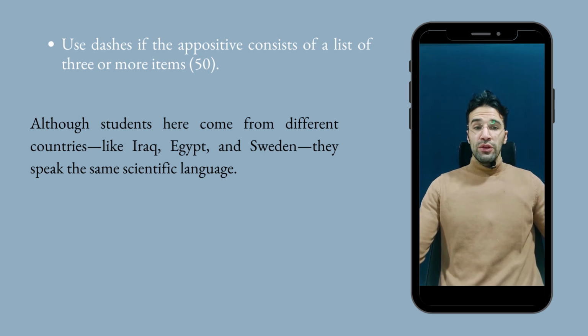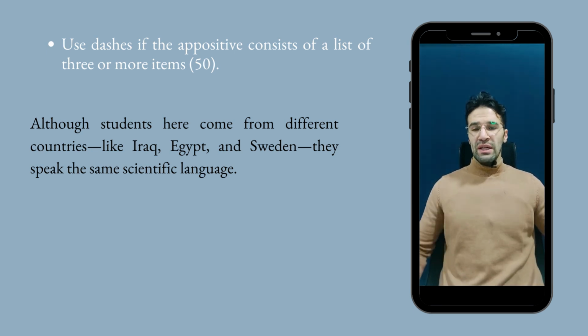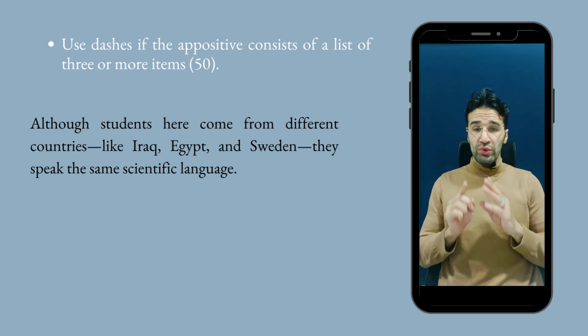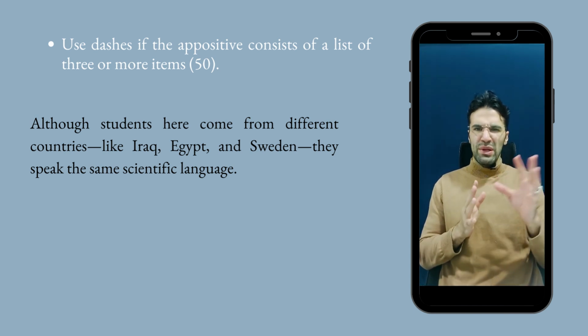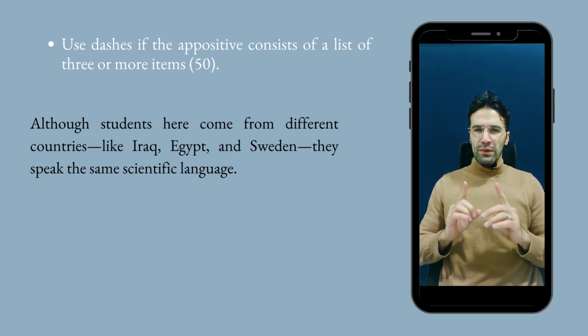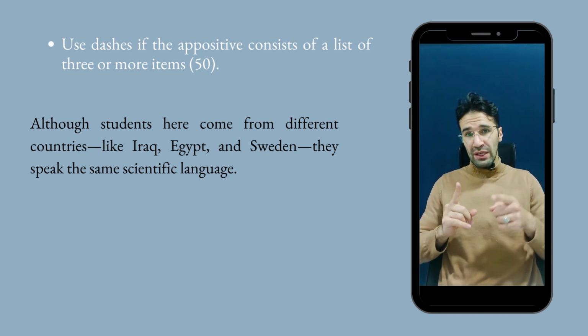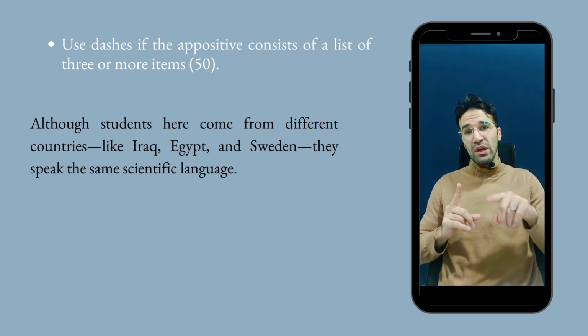Lastly, use dashes if the appositive consists of a list of 3 or more items. Let's say you're using an appositive, and that appositive already has several items in it, 3 or more, as our author says here. So there are 3 items in that appositive, which means you're already using punctuation, you're already using commas.